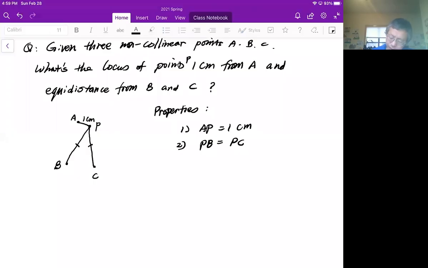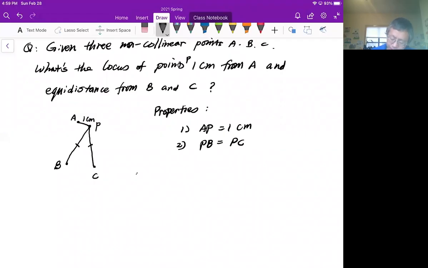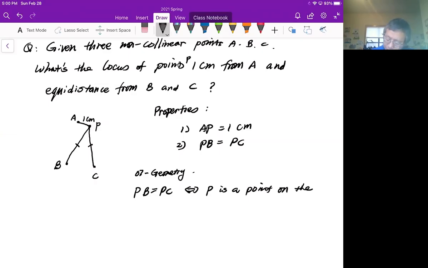I think this is a theorem we introduced earlier, maybe in the 06 or 07 geometry, because we proved that by using congruent triangles. So PB equals PC if and only if P is a point on the perpendicular bisector.